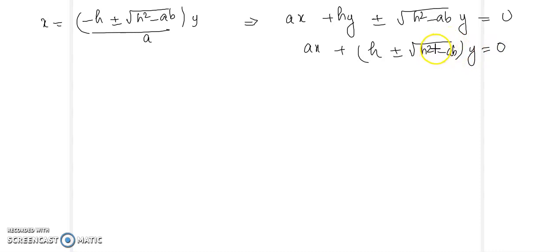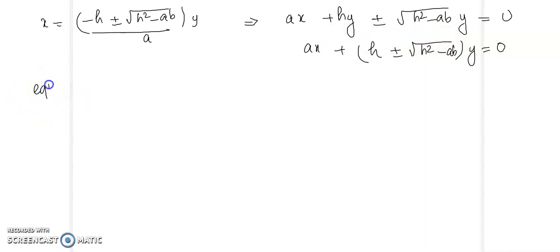So we will get two real and distinct lines through the origin if h square minus ab is greater than 0. If it is greater than 0, there will be two positive real roots, so we will get two equations of the lines. And if it is equal to 0, you will get a single line, that is, the pair of straight lines coincide in that case. And if h square minus ab is less than 0, we will get two imaginary lines.